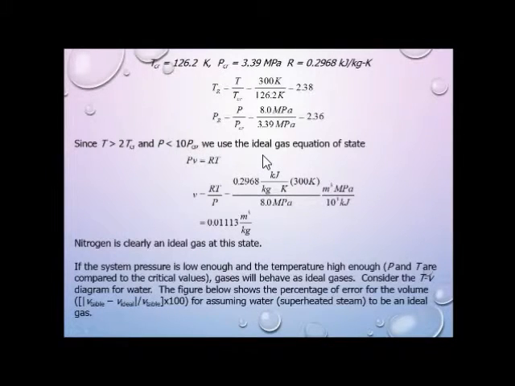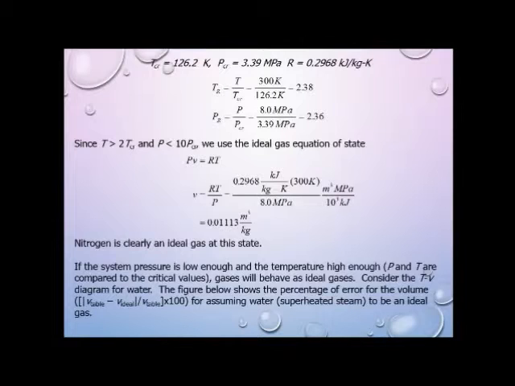So we use the ideal gas equation of state, PV equals RT, so V equals RT by P, and we get the specific volume by just substituting the values. This clearly shows that nitrogen is in the ideal state.